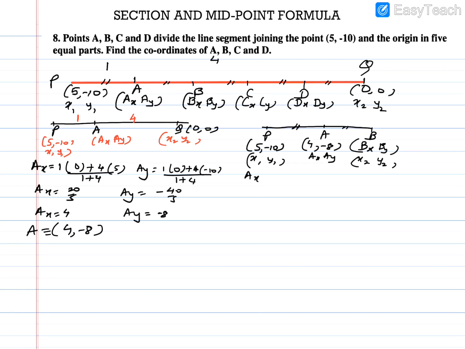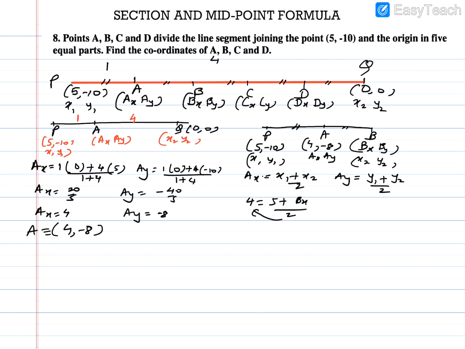By the midpoint formula, AX will be x1 plus x2 upon 2, and AY will be equal to y1 plus y2 upon 2. AX is how much? 4. x1 is how much? 5. We don't know x2. x2 will be BX, upon 2.